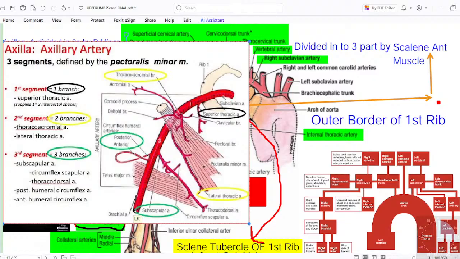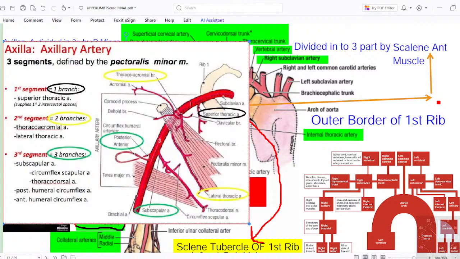The second part has two branches, the lateral thoracic and the thoracoacromial artery, and the third has the subscapular artery and the circumflex humeral arteries.